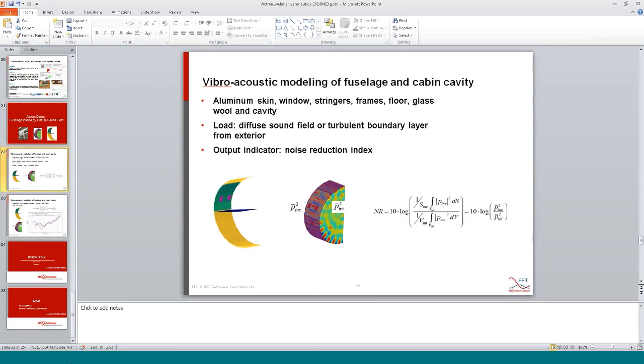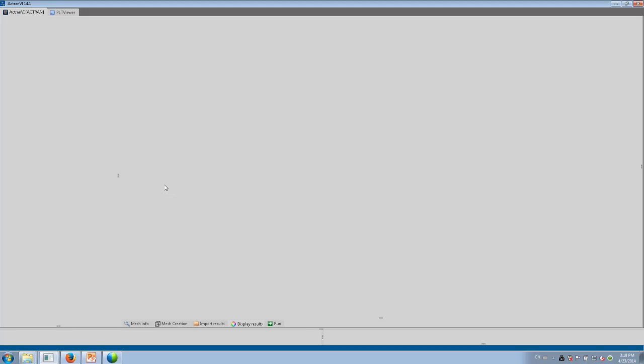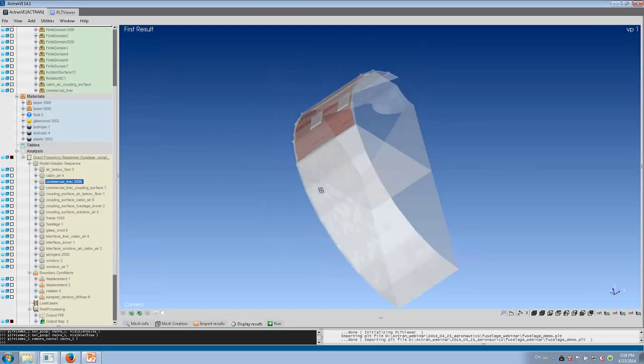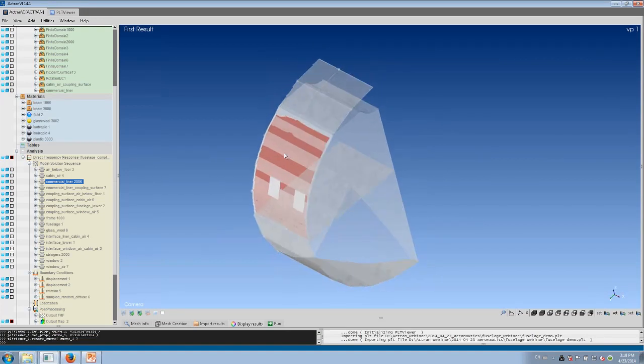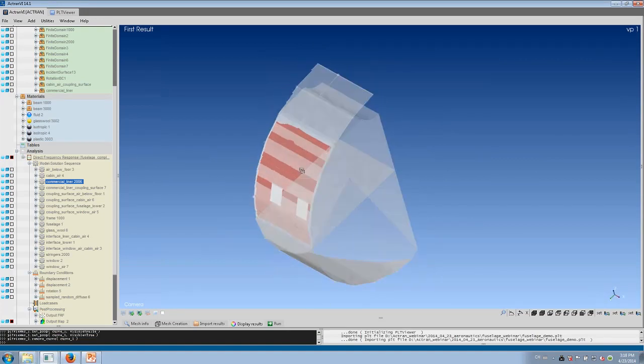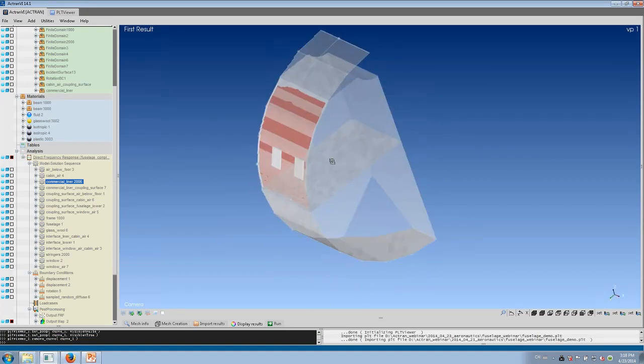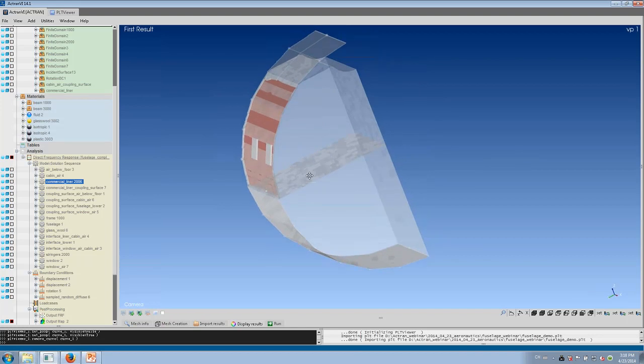So I will share my screen. Okay, so I previously built this model.